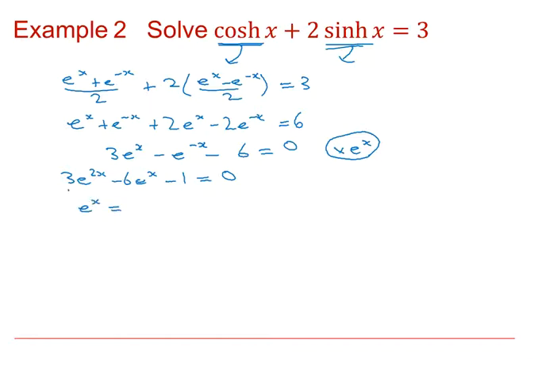So I've got a, b and c, so e to the x is minus b plus or minus the square root of b squared minus 4ac, which gives me 6 plus or minus the square root of 48 over 2a.